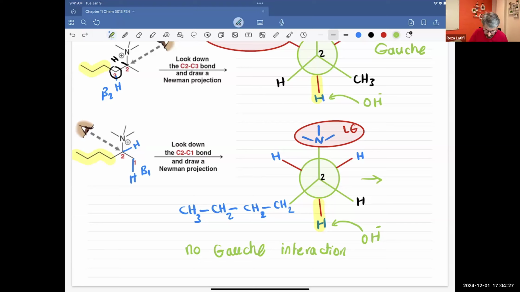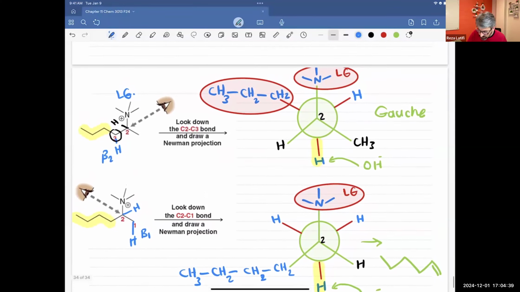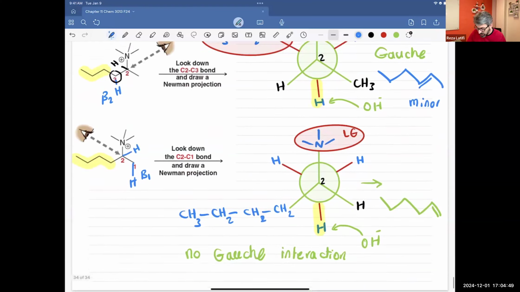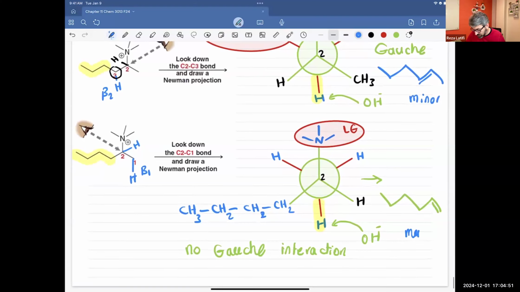I'm going to write it down here. We will get the Hofmann product, while the top one will give us the Zaitsev product. So we get this. And I said this one is going to be the minor, and that's going to be the major.